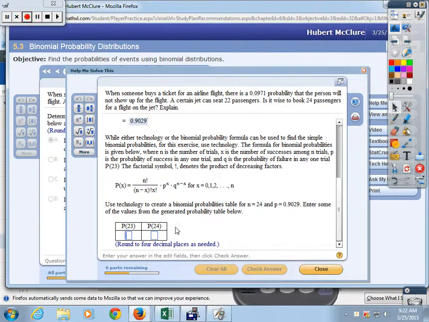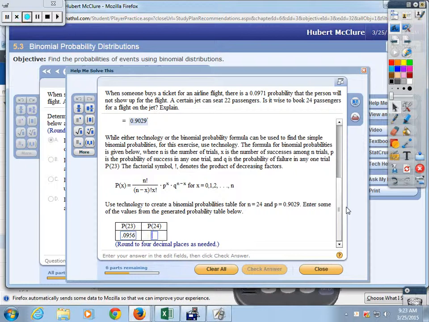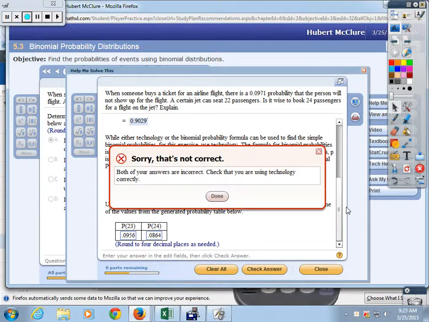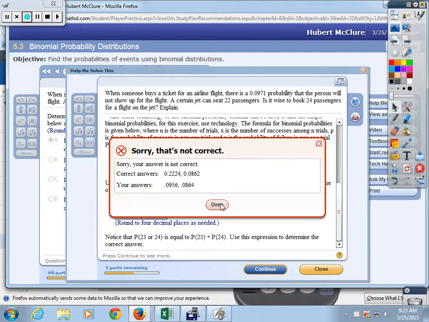23. 0.0956. And we got 0.0864. And they're going to get those numbers, 0.22224 and 0.08.